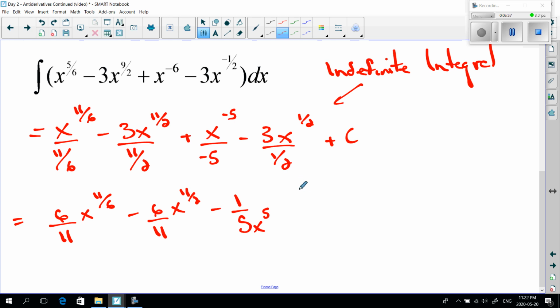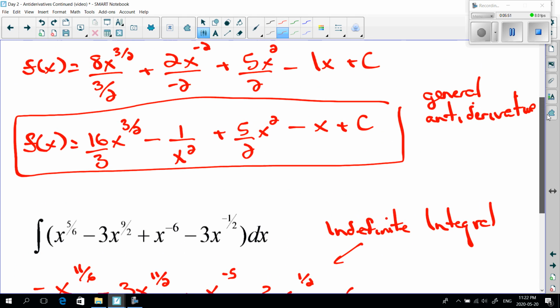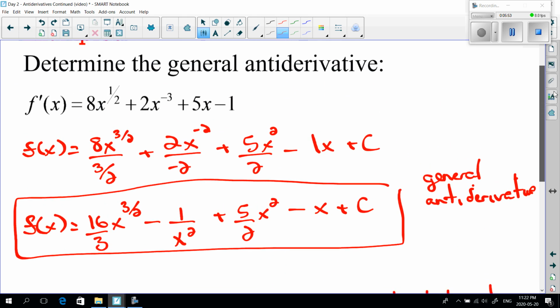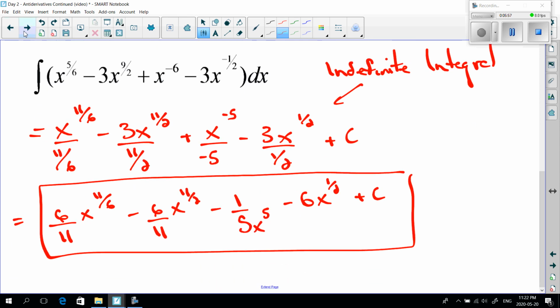Negative 3 divided by 1/2 is like saying negative 3 times 2 gives me negative 6. X to the 1/2 or root x plus c. Two different ways of doing the same thing. General antiderivative, indefinite integral means the same thing.